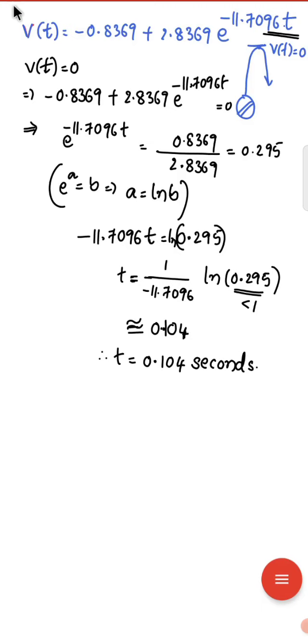Okay, now we found this one also. They asked the second question also. So now we have the third one: find the height of the ball.